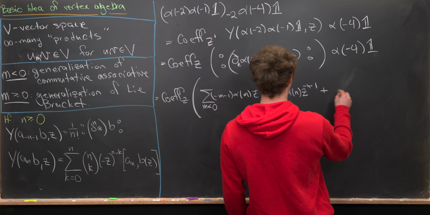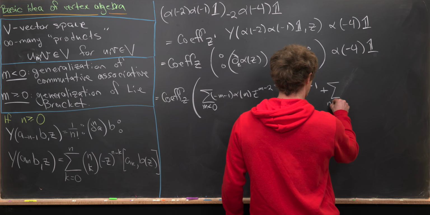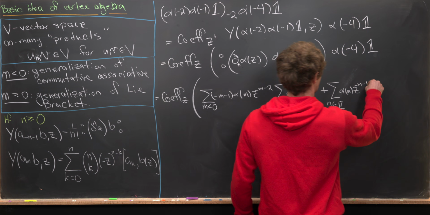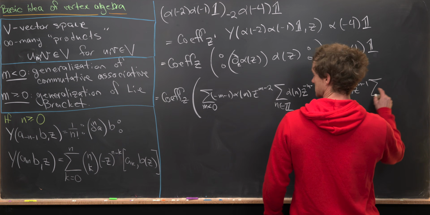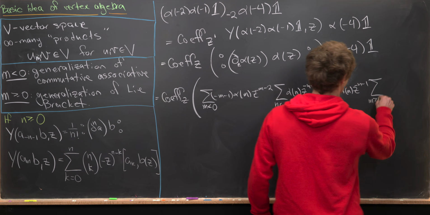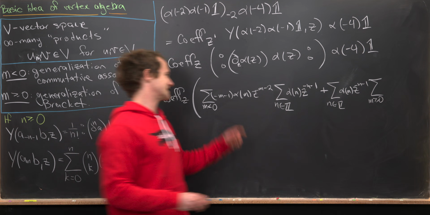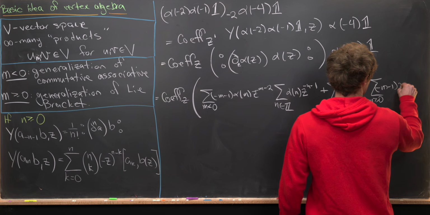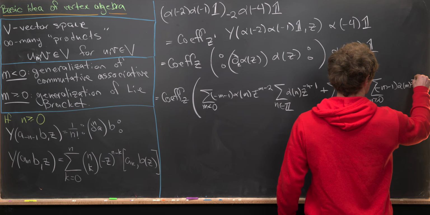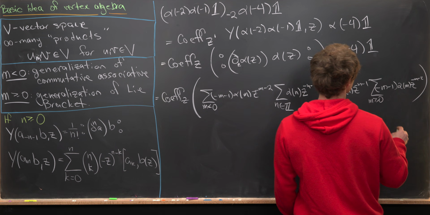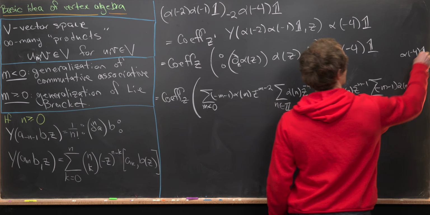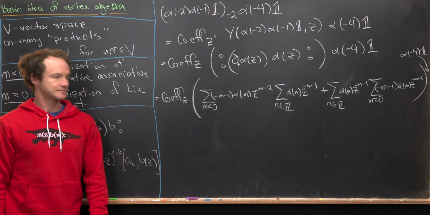So that's going to give us plus this sum as n goes over the integers of alpha n z to the minus n minus 1 times the sum over non-negative m of the same kind of thing. So we've got minus m minus 1 and then alpha m z to the minus m minus 2. And all of this is still acting on our alpha minus 4 on the vacuum, like that.